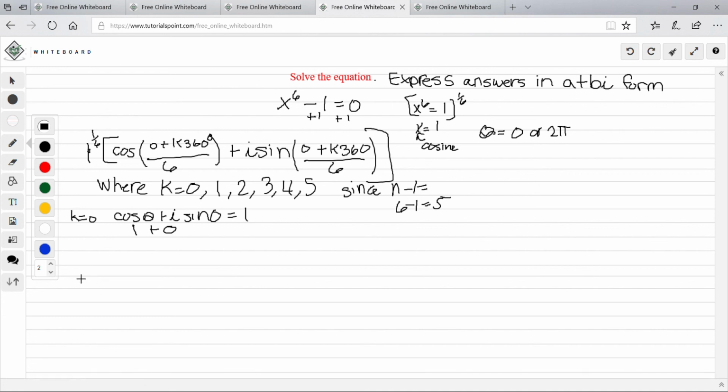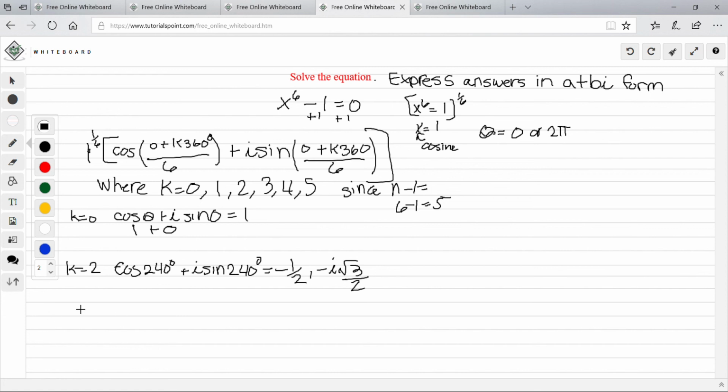Okay, so let's do k equals 2. So that would be cosine of 240, and then plus i sine of 240. And that gives me negative 1/2, negative i root 3 over 2.